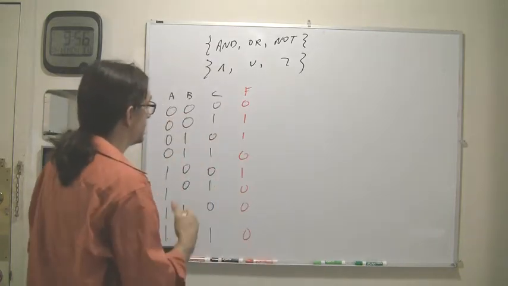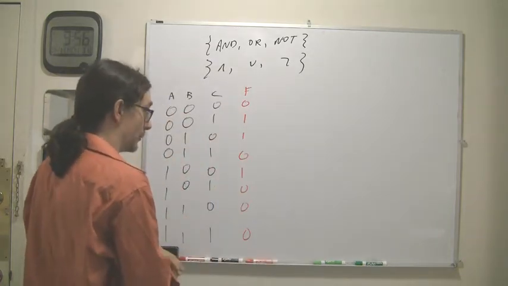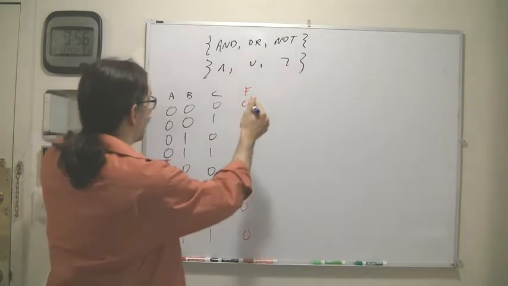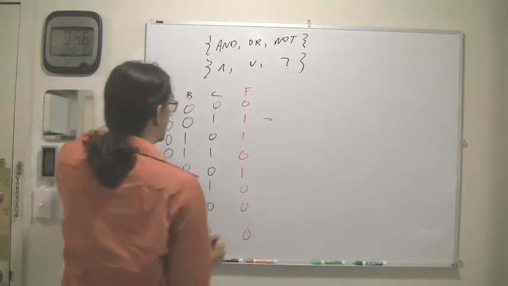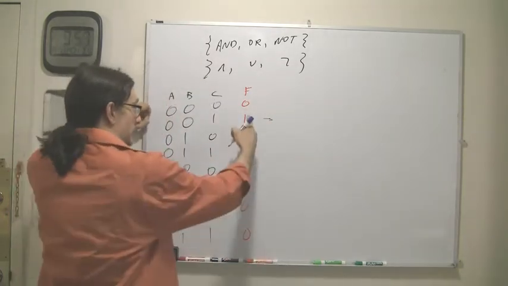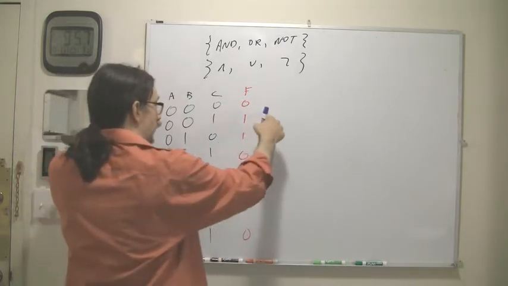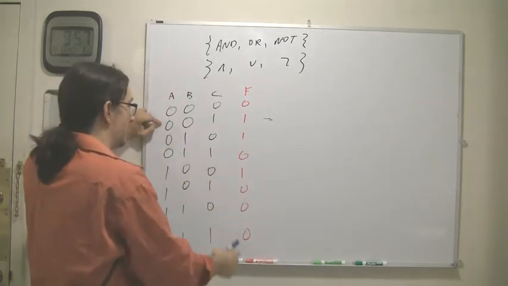Now, we are going to represent this in disjunctive normal form, DNF. In DNF we are going to pick the ones, write one term for each row that's 1, and make the or of them.